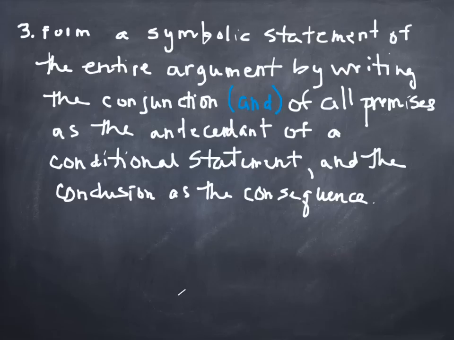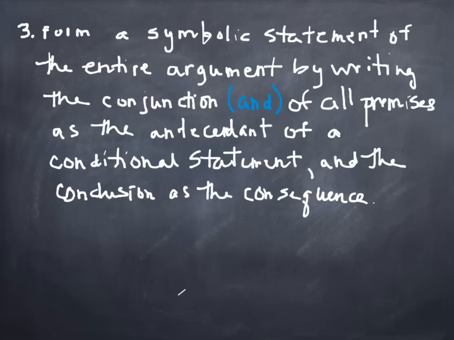This is the math window of what we're going to do. In the last section, all the ones that are on the board up here, you had statement, statement, therefore statement. Remember that? So you're going to write all of them in symbols. That's what you're going to do on steps 1 and 2. Step 3, the one that I just described, you're going to take these statements and put an and between them, and put them together with parentheses right here.